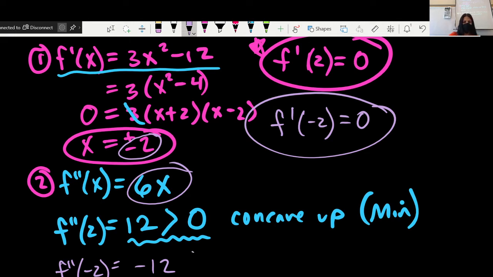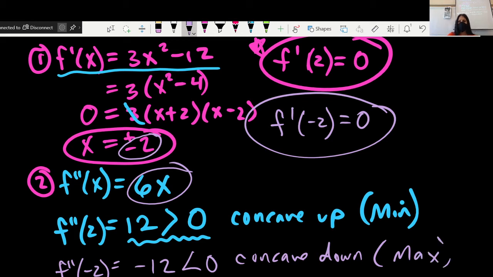And when we get negative 12, it's less than 0. So we know that it's concave down, which would mean that it's a maximum. Make sense so far?